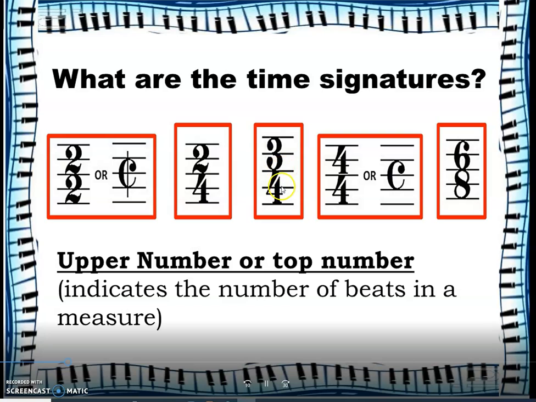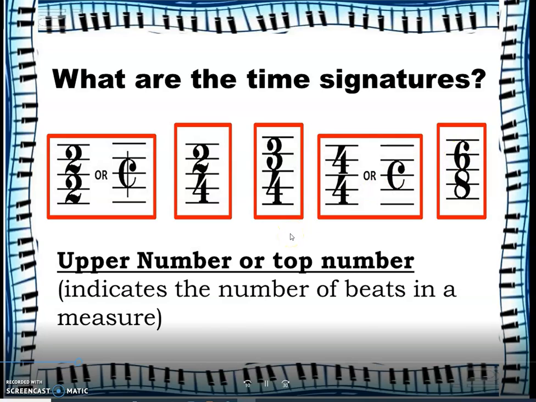In 3-4, what is the top number? Yes, of course, it is 3. In 4-4, what is the top number? Yes, it is 4. And in 6-8, what is the top number? Yes, it is 6. So the top numbers in the time signature are 2, 2, 3, 4, and 6.